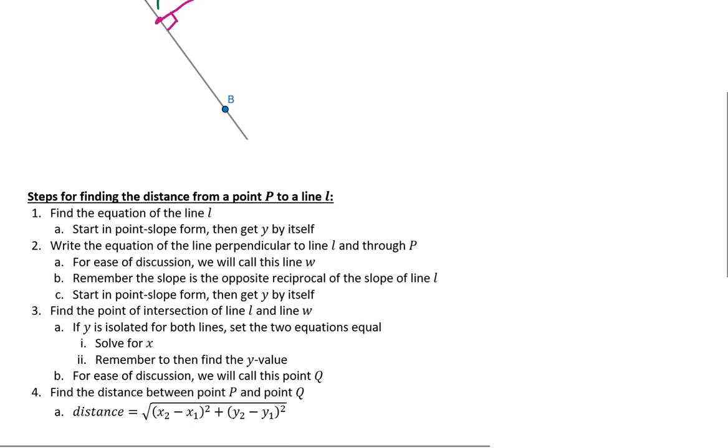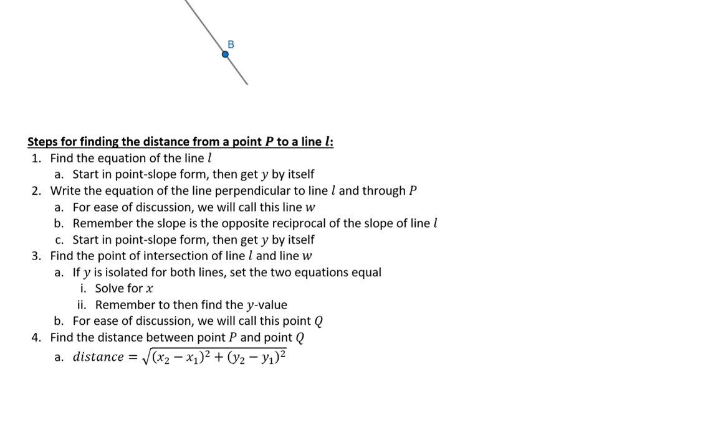So kind of the steps we're going to take to do this, because there's a lot of algebra involved in this. We're going to find the equation of line L, our given line. I recommend start in point slope form because it's easy to do, and then get y by itself for a later step.